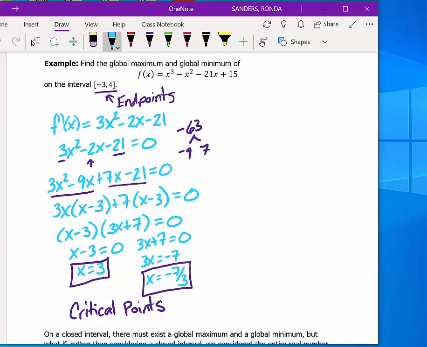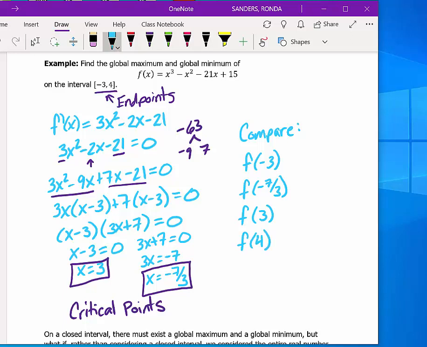So we want to compare the values of f at critical points and endpoints. So we look at f of -3, f of -7/3, f of +3, f of +4.